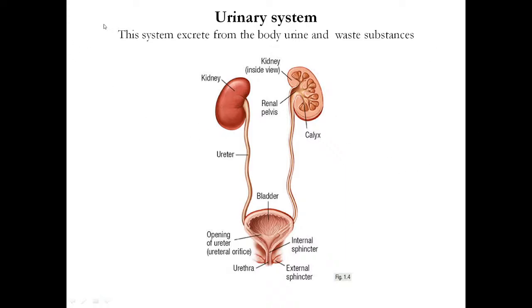Urinary system. This system excretes urine and waste substances from the body. You see the kidney, the ureter, the bladder, the urethra and others. This is the urinary system.